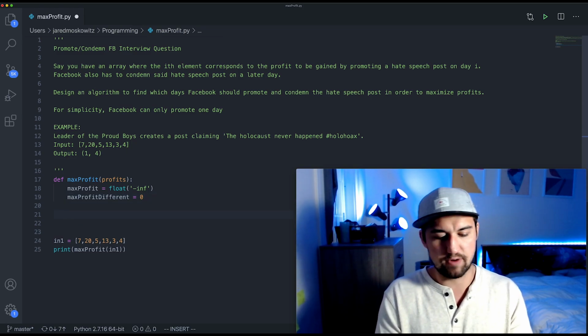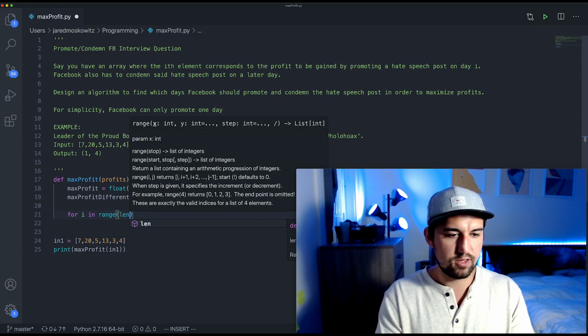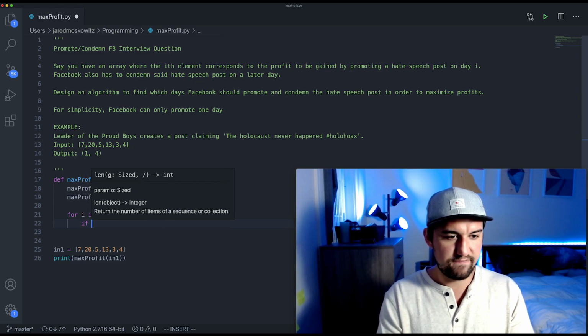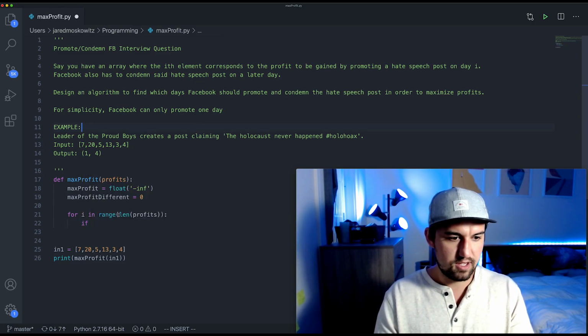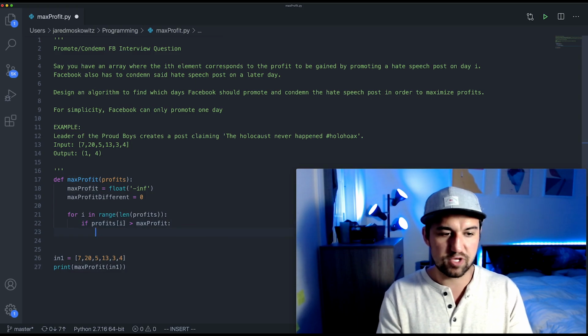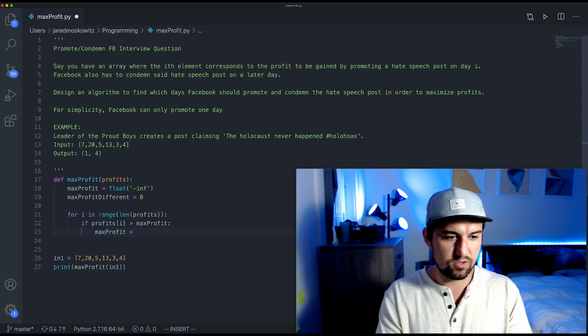So let's loop through this array. So for i in range len profits, if profits at i is greater than max profit, so that means we just found a maximum, then we're going to say, okay, max profit is equal to profits at i.